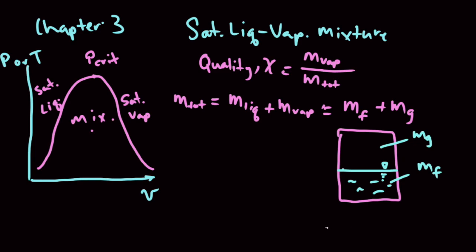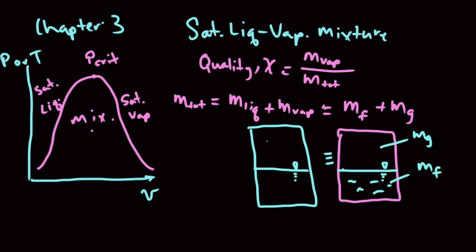And so equivalently, there's a certain volume associated with this. If I was to draw the line here, we know that there is a specific volume of the vapor here, and a specific volume of the liquid.